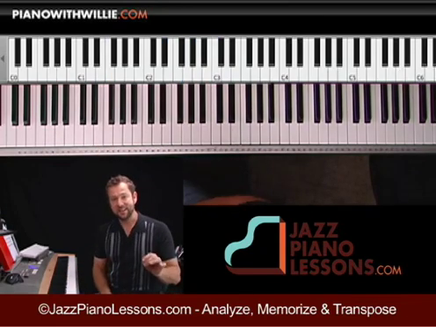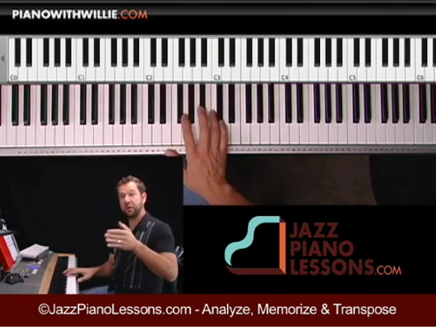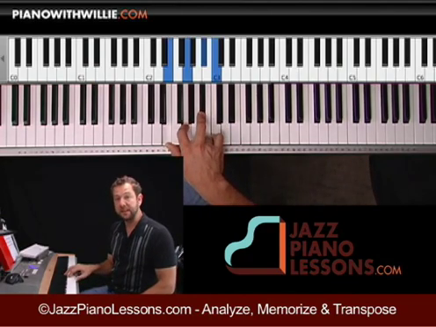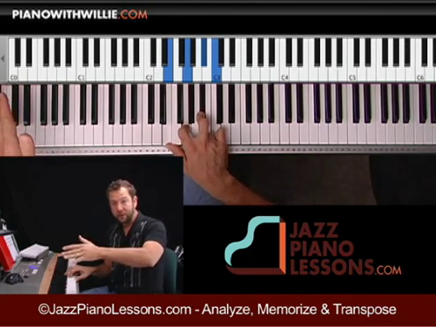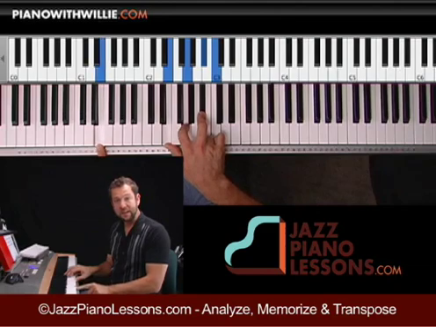Now when analyzing though, that slash takes on a different role. Instead of it meaning this chord over this note, which in the case of C7 over E means C7 with E in the bass.